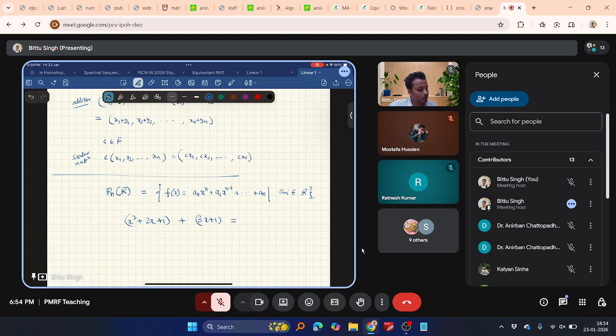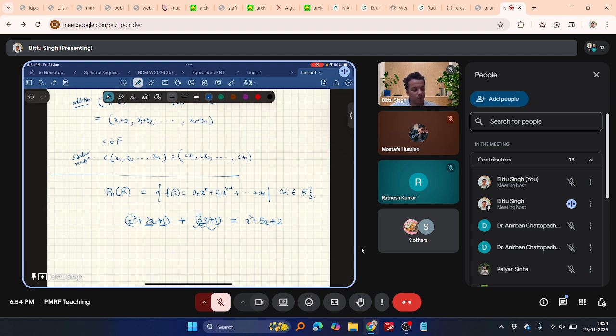So we can add them degree-wise. If two terms have the same degree, then we can add. So 3x and 2x will be added, and we'll get 5x. 1 and 1 will be added, and we'll get 2. But there is no x squared term in the second element, so x squared plus 0 is x squared.